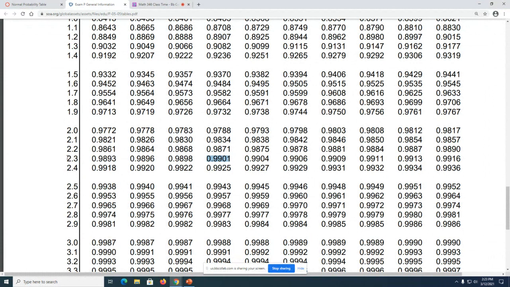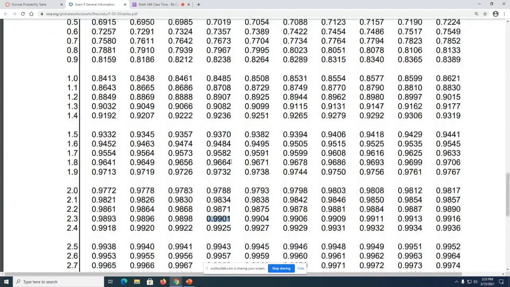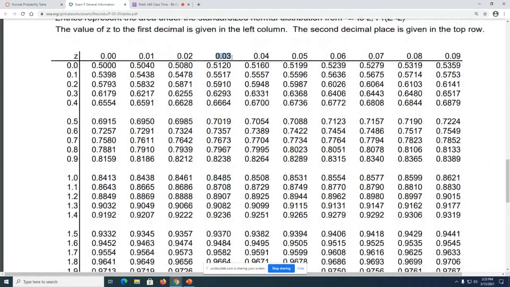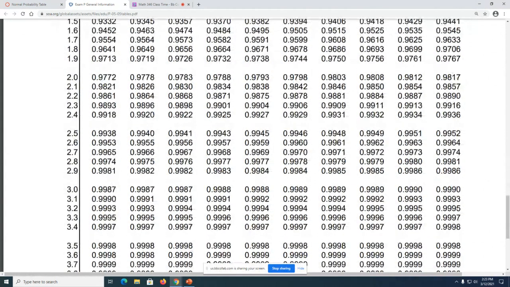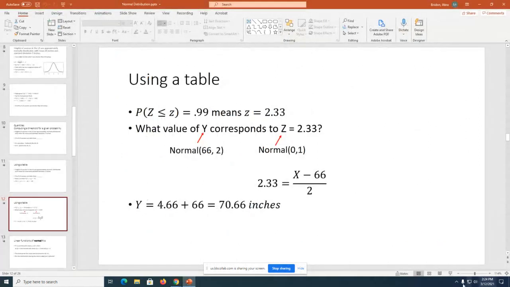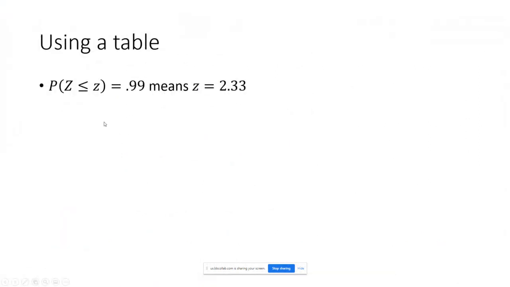And looking at the rows and columns, we have 2.3, and that's in the fourth column. So scrolling up, it's in the 0.03 column. So that means that we can get an area to the left of 0.9901 if we use 2.33 as our standard normal distribution quantile.